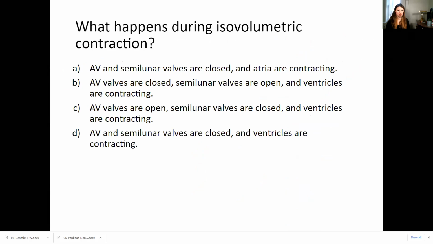What is happening during isovolumetric contraction? Okay, take a last second for this.